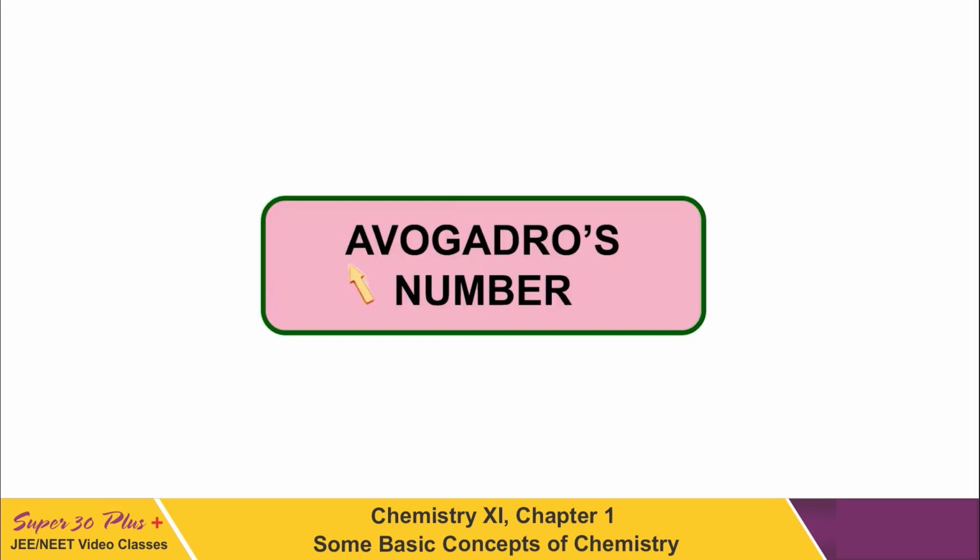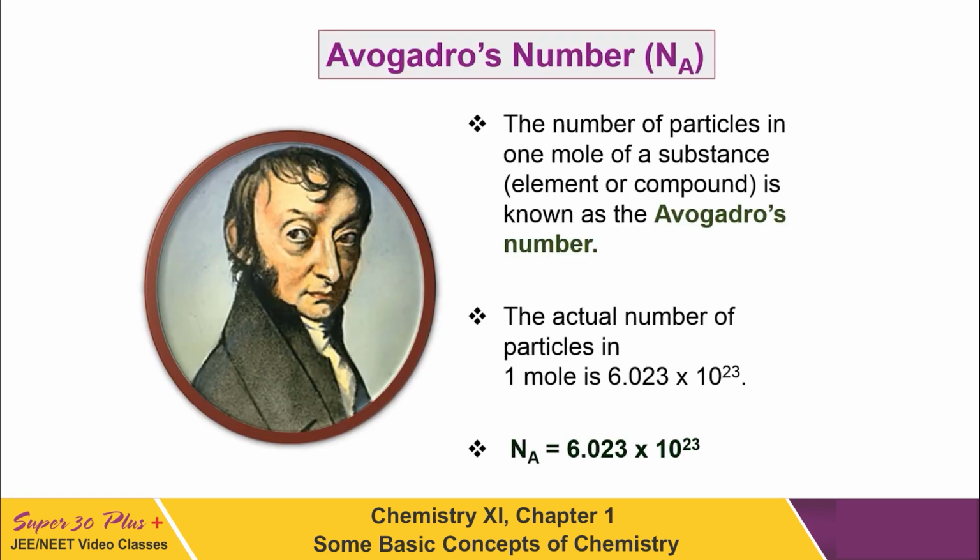Alright. So what is Avogadro's number? The number of particles in 1 mole of substance is known as the Avogadro number. It doesn't matter what kind of substance this is, whether it is an element or a compound. If it is an element, no problem, 1 mole means that many atoms.